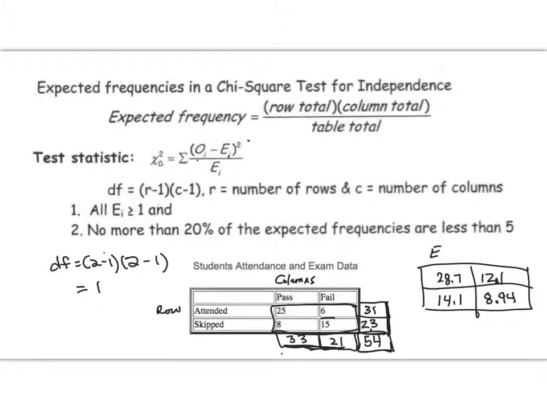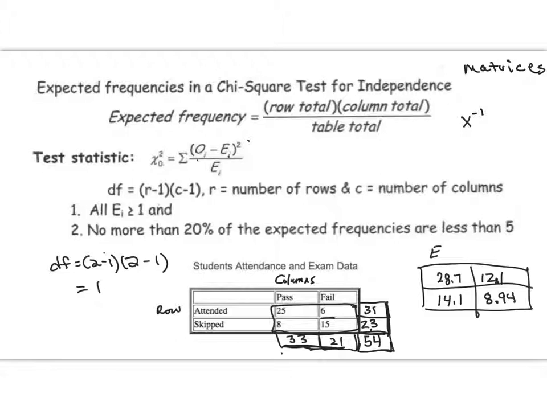In order to do this on a calculator, you're going to have to use something new on your calculator. It is called a matrix. If you look at the second button and count down, the fourth button down has an x to the negative 1.